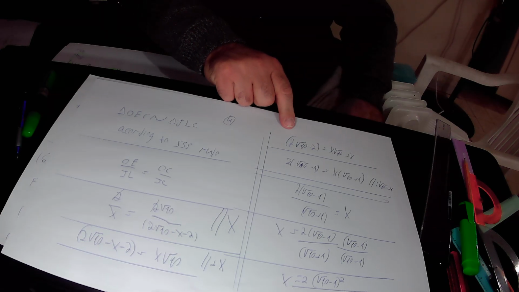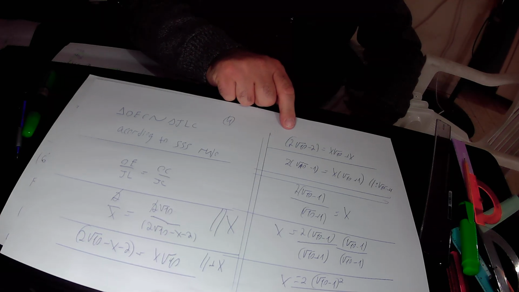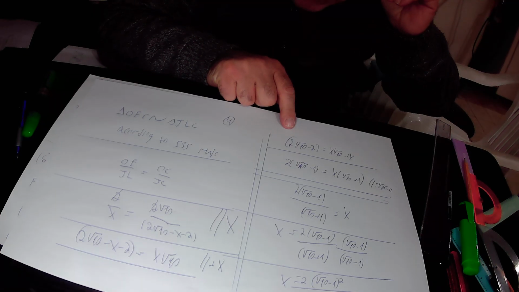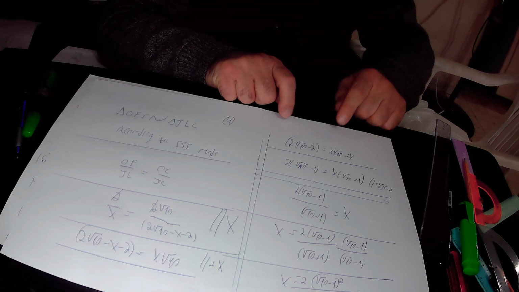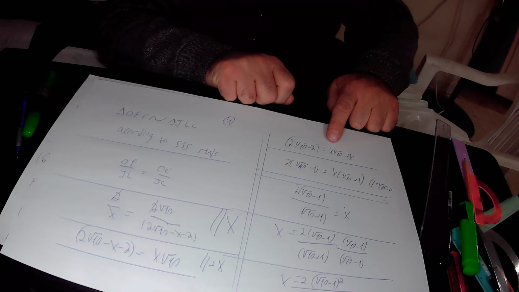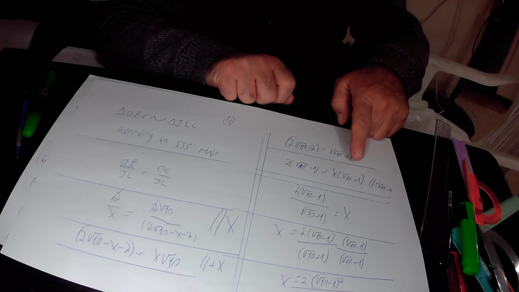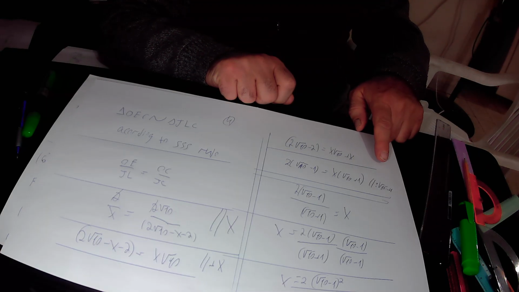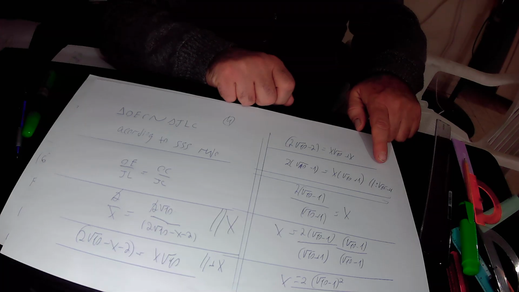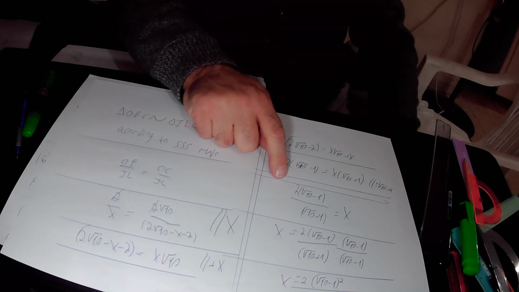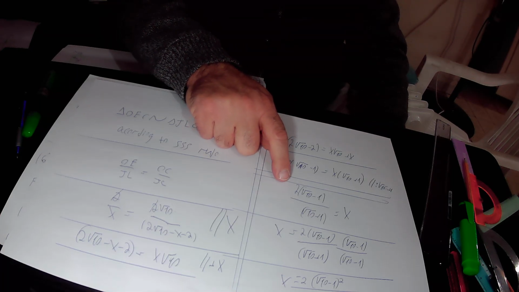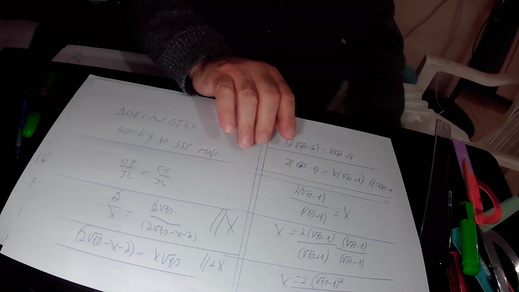Here we took 2 as a common factor from this expression, so inside the brackets we left only square root of 10 minus 1. We took x as a common factor from those two expressions, so inside the brackets we left only square root of 10 plus 1. Here we divided this equation by square root of 10 plus 1, so we found out that x equals 2 times square root of 10 minus 1 over square root of 10 plus 1.